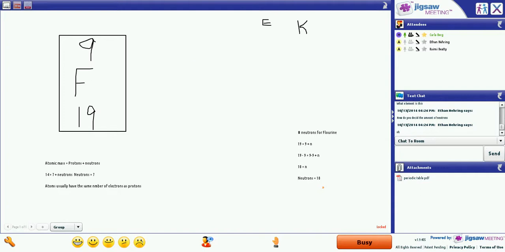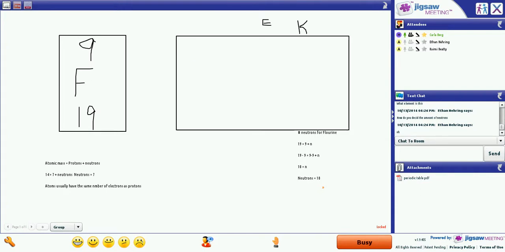All right. So let's get our last one up here. We have the atomic number, and our symbol.